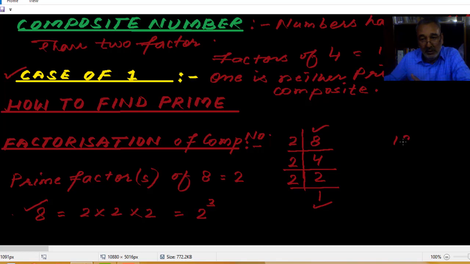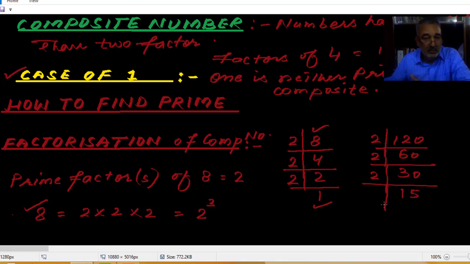It's 120. Divide it by 2, you will get 60. Divide it by 2 once again, 30. You must know the divisibility rules first. 15. Now it is not divisible by 2. Try by 3. It is divisible by 3. 3 fives are 15. And again, sorry, 5.